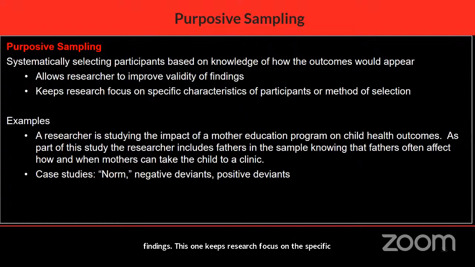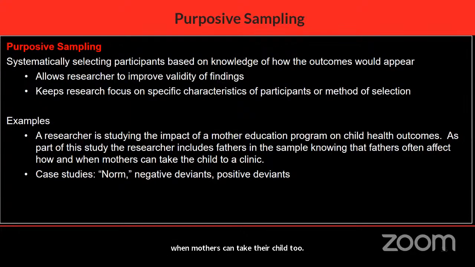For purposive sampling, you know your people who have deep knowledge about a particular topic. For example, a researcher is studying the impact of a mother education program on child health outcomes. As part of this study, the researcher includes fathers in the sample, knowing that fathers often affect how and when mothers can take the child to a clinic.